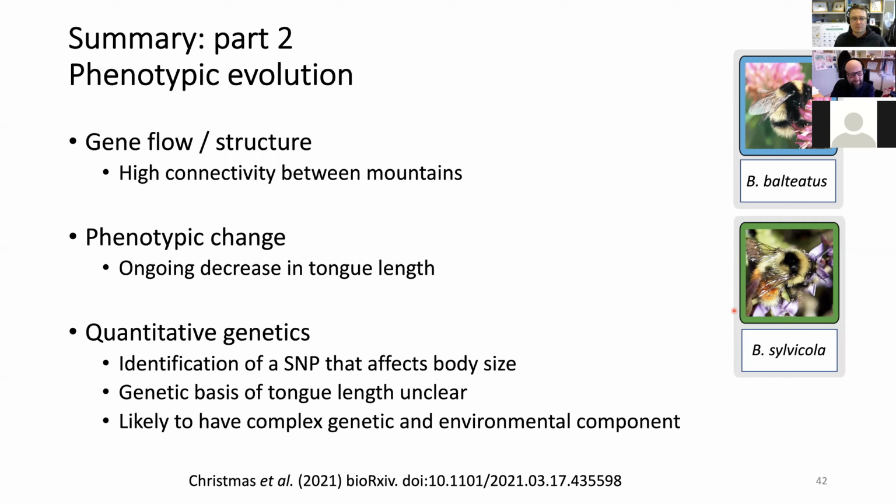Our analysis of the genetic underpinnings of these changes is inconclusive. We identified a SNP that seems to affect body size, but it seems that the genetic basis of this tongue length trait is likely to have fairly complex genetic and environmental components.